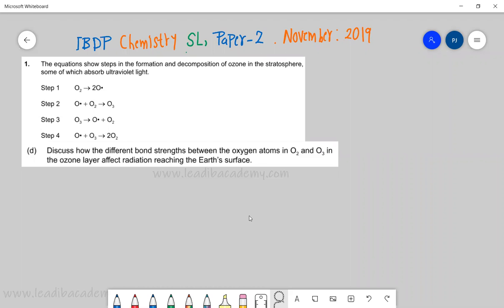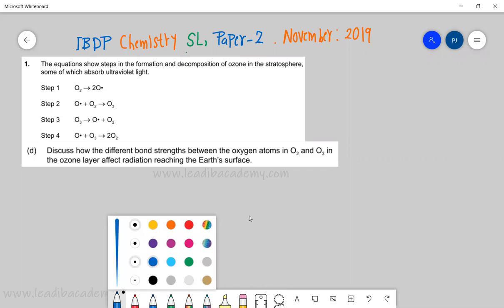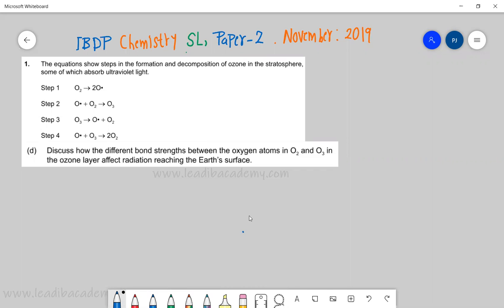Continuing with question 1D. Discuss how the different bond strengths between the oxygen atoms in O2 and ozone in the ozone layer affect radiation reaching the Earth's surface. First, a very important concept that we have already discussed, just to recap: in oxygen there is a double bond between oxygen atoms, while in ozone it is neither a double bond nor a single bond.